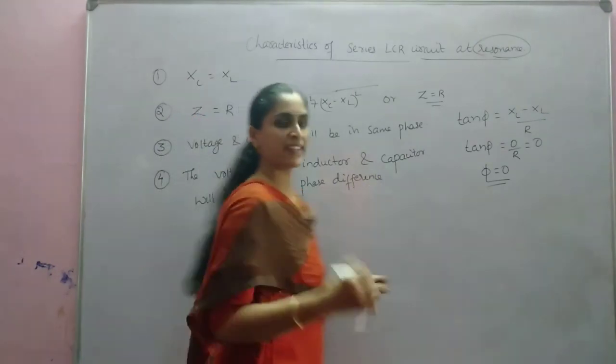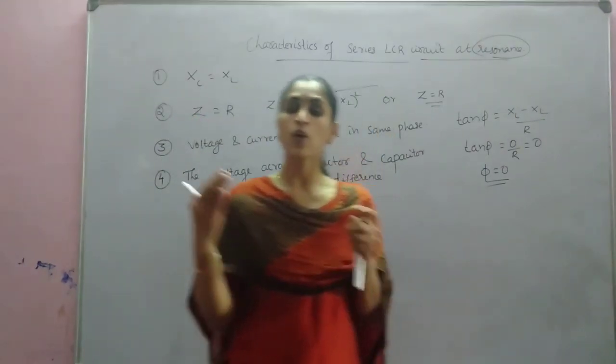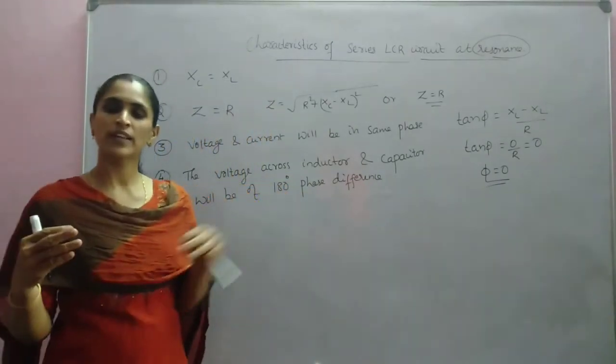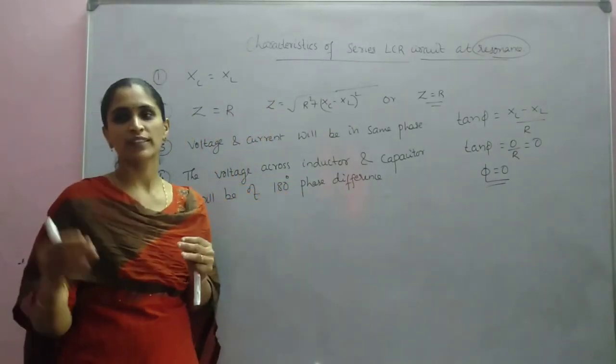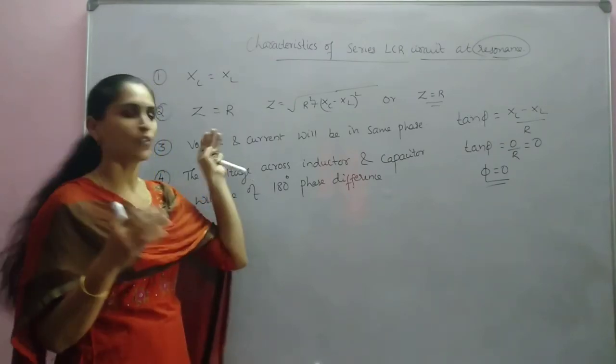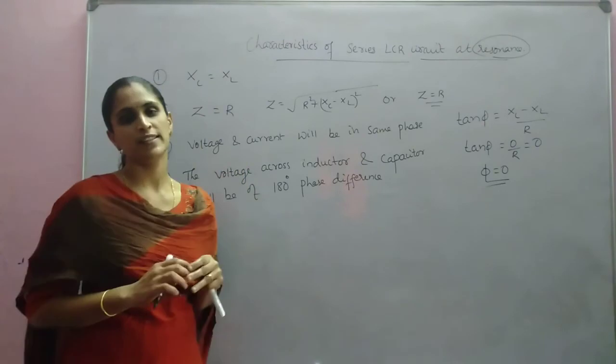There will be a 180-degree phase difference between the voltage across the inductor and the capacitor, because of which the voltage across the inductor and the voltage across the capacitor will get cancelled. So we will get only the voltage across the resistor.